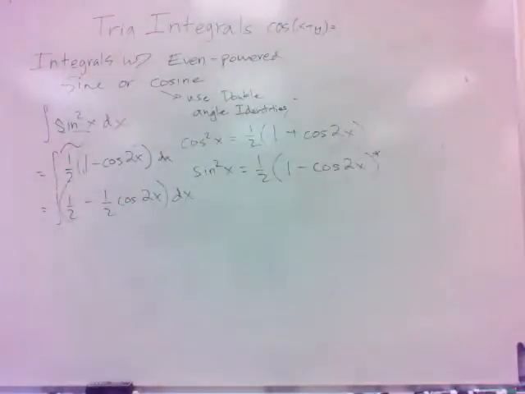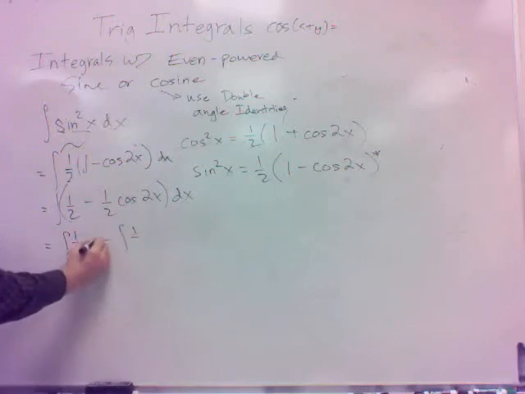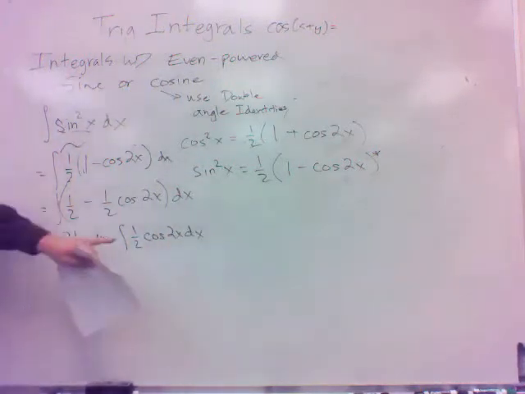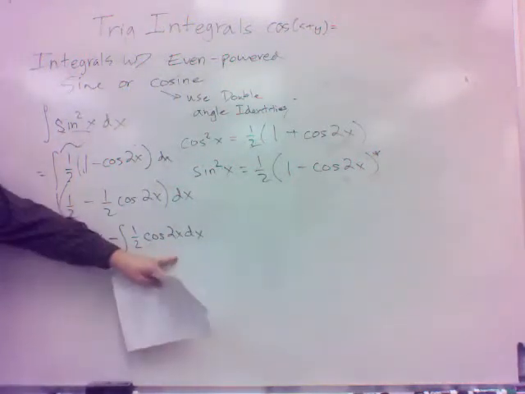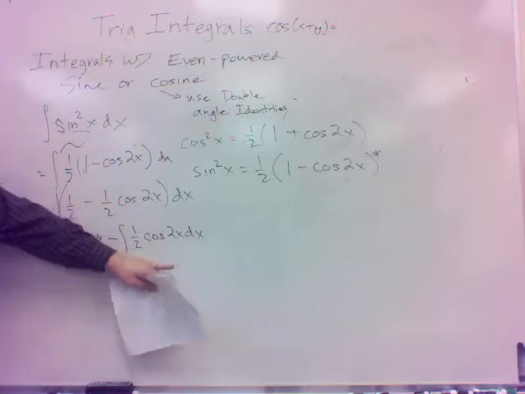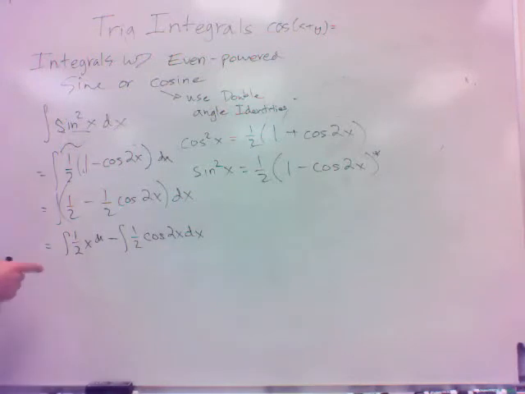So, all right. But here's the thing then. I can split up these integrals, can't I? Since it's minus, I can do that. The reason I split them up is because I can do the cosine 2x integral by what? It's not a direct antiderivative, but a little simple u substitution.